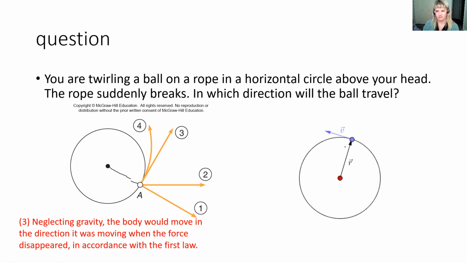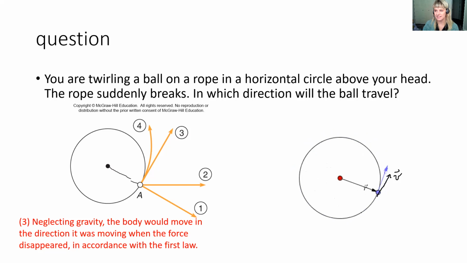So notice, as this animation is showing on the right-hand side, if the string breaks right there, what is the direction of its velocity? Tangent to the path. It breaks right here, the velocity is pointing this way. Once the string breaks, there's no more force keeping it moving in a circular path.